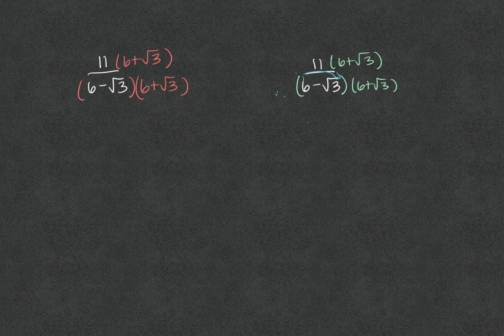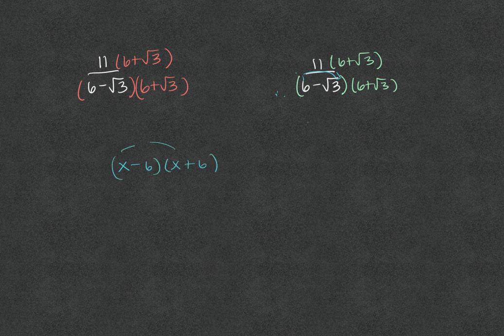Now you can see that I have the same problem written twice, and it's because I'm going to do it 2 different ways. The first thing we need to do is clean up the denominator. And if you remember, this is the same thing as when you have x minus 6 times x plus 6.